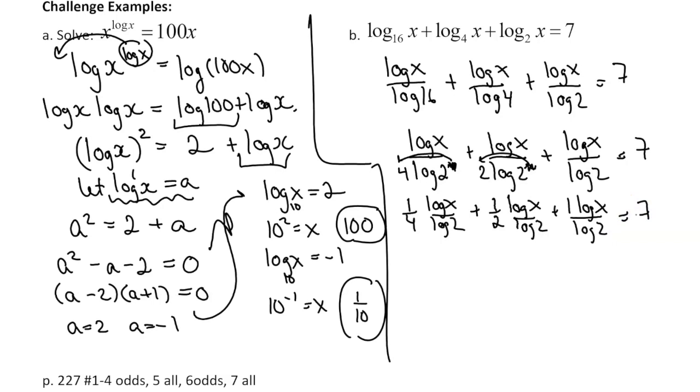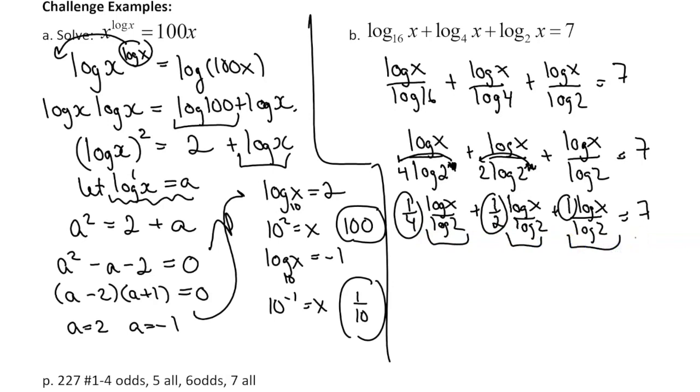Well, can we do something with that? Could we join them? If I have a quarter of something plus a half of something plus 1 of something, I should be able to join those all together. They're like terms. They're all of the exact same log x over log 2.